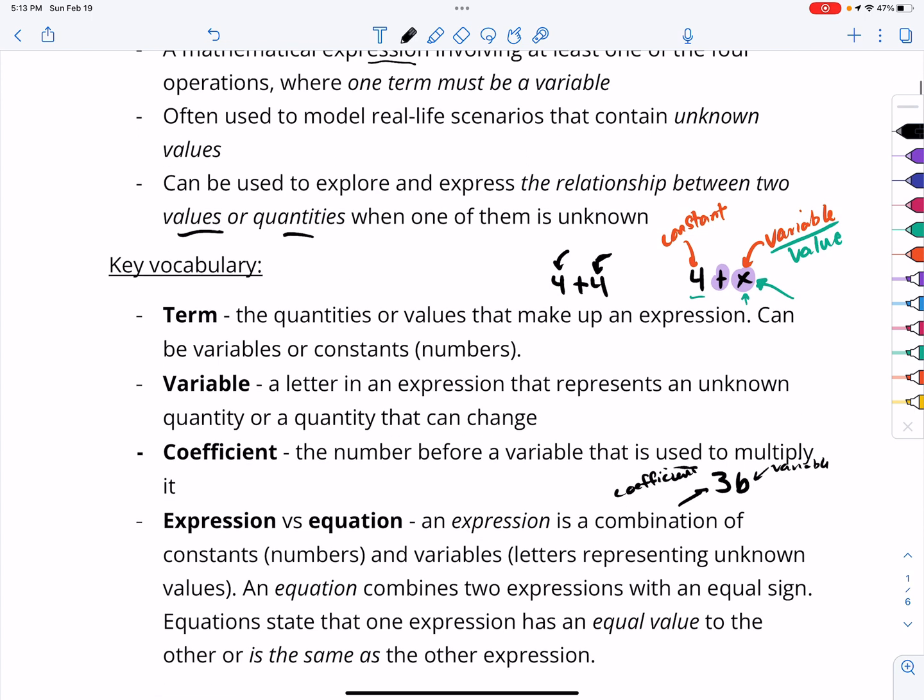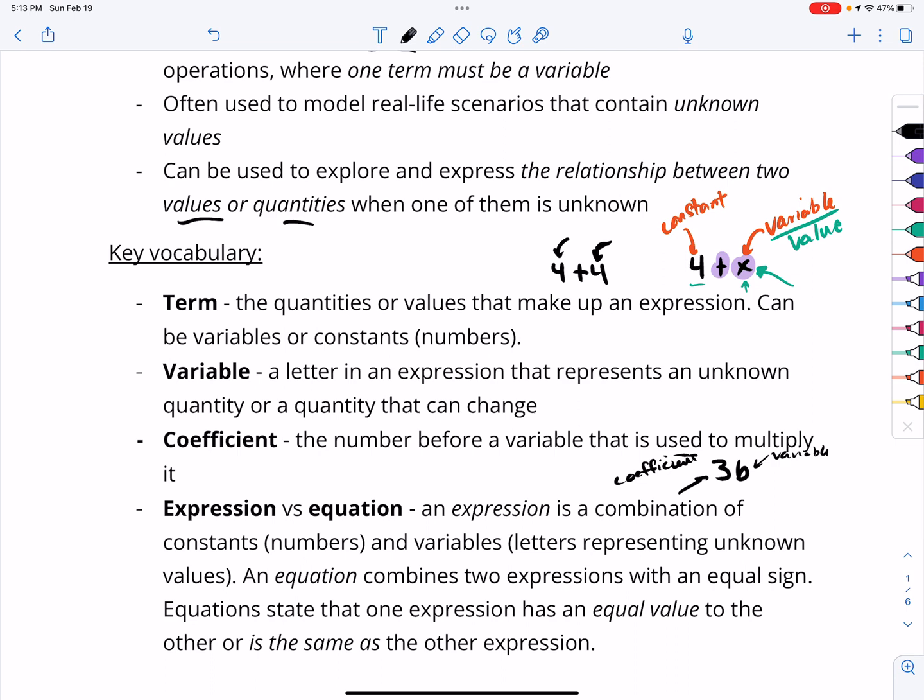And one other little nuts and bolts thing, an expression versus an equation. An expression is a combination of constants, or numbers, and variables, where it's just something like up above, 4 plus x. That's an expression. 4 more than x. An equation combines two expressions with an equal sign, or it's an expression with an equal sign and then a constant. So equations state that one expression has an equal value to the other or is the same as the other expression.